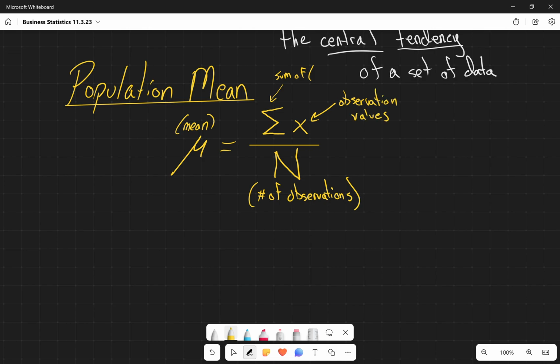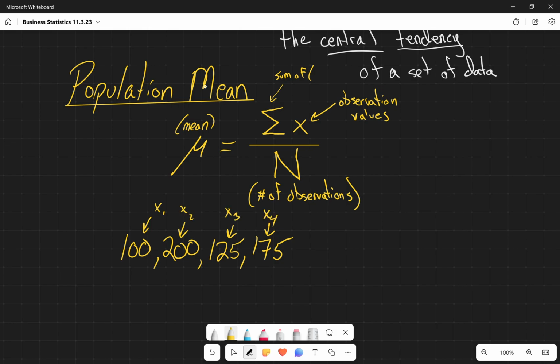So if I told you that we had 4 people in the class, one person weighed 100 pounds, one person weighed 200 pounds, one person weighed 125, and another weighed 175, how would we calculate the mean for this, right? So each one of these would be an x value, x1, x2, x3, x4.